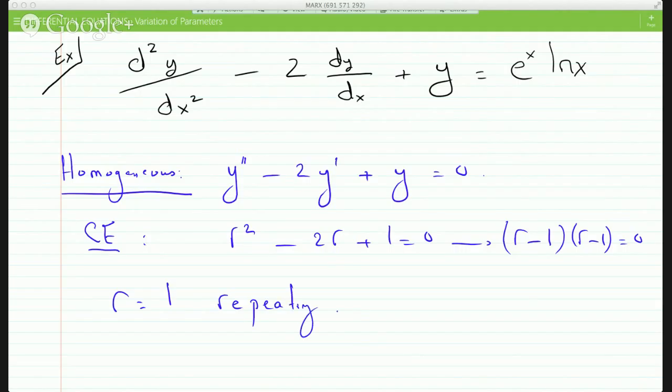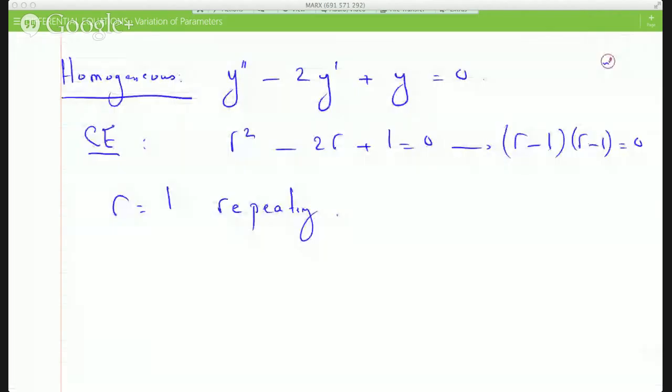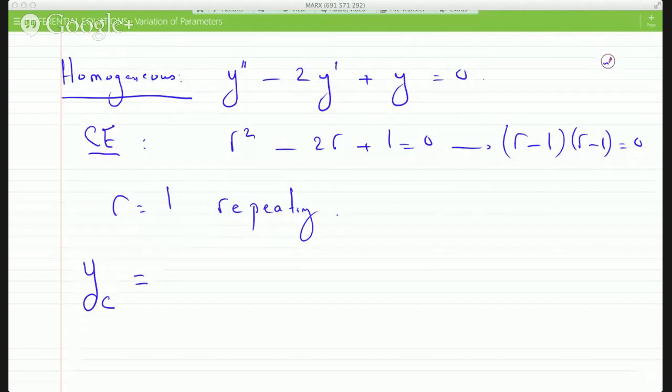So what is the y complementary, which is the solution for the homogeneous? It's C1 e to the negative x. You mean e to the x? No, I got e to the negative x. Why? The roots are 1 and 1. Wait, is it plus or minus? It's plus.